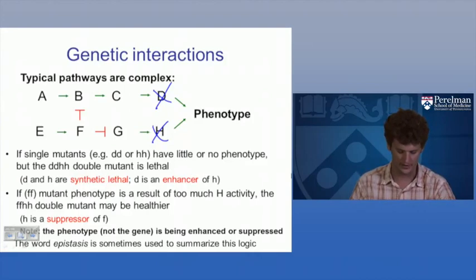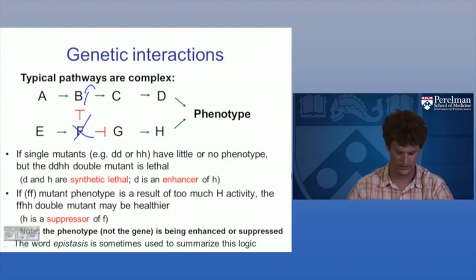Similarly, if you have a mutation for F, now you're going to have too much B. You're also going to have too much G, and maybe you're going to have a problem.